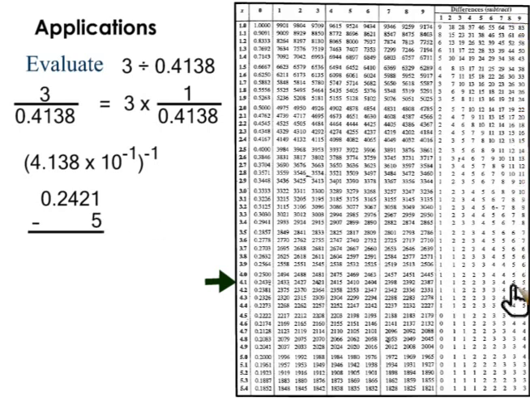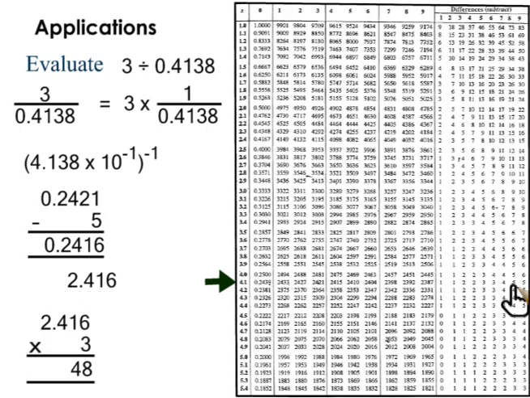When we subtract, we get 0.2416. Reciprocal of 10 raised to power negative 1 is simply 10 raised to power positive 1. So we have 0.2416 times 10 raised to power 1, or simply 2.416. And then we multiply this by 3, and we shall have 8.427.